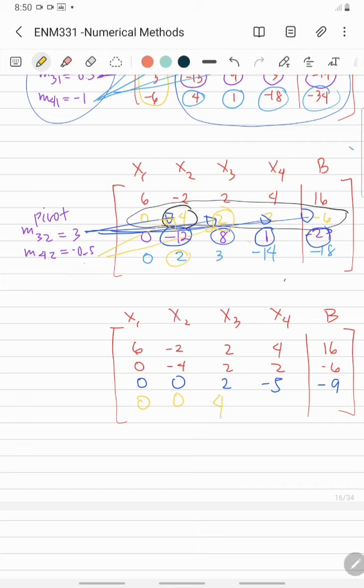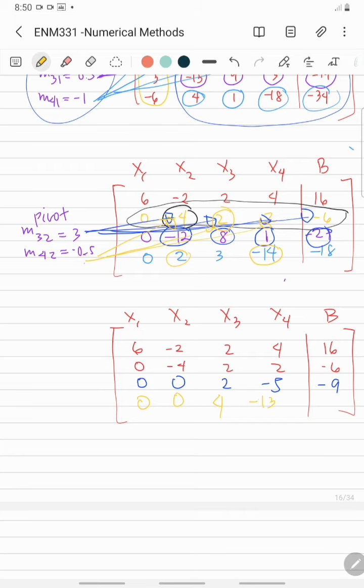Then we have here negative 14 minus 0.5 times 2. Okay, that is negative 13.